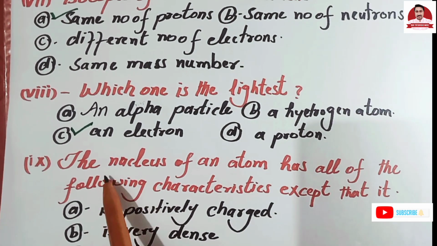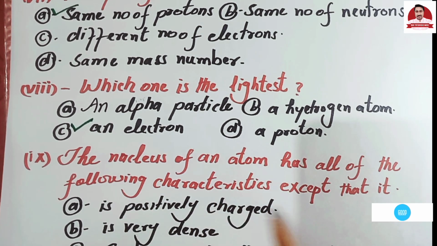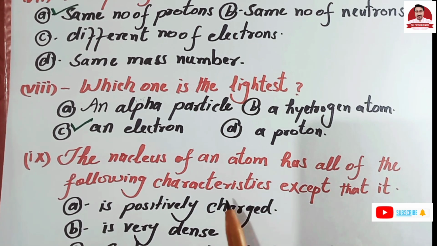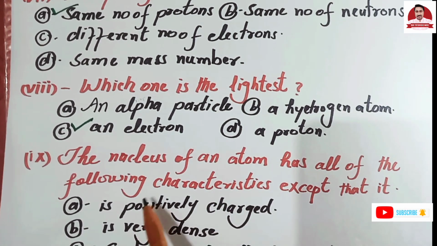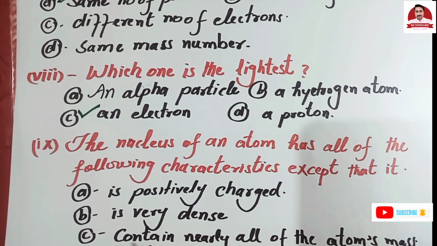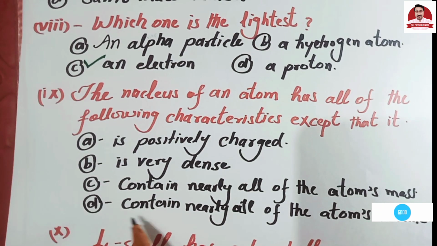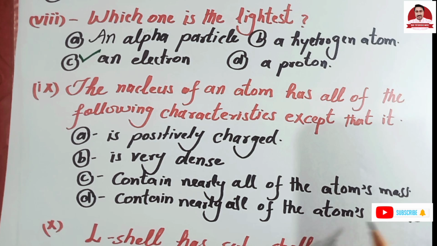Next, the nucleus of an atom has all of the following characteristics except, that is to say, the nucleus has all the properties given below except one. Which one? A, the nucleus is positively charged. B, the nucleus is very dense. C, the nucleus contains nearly all the atom's mass. D, the nucleus contains nearly all the atomic volume.